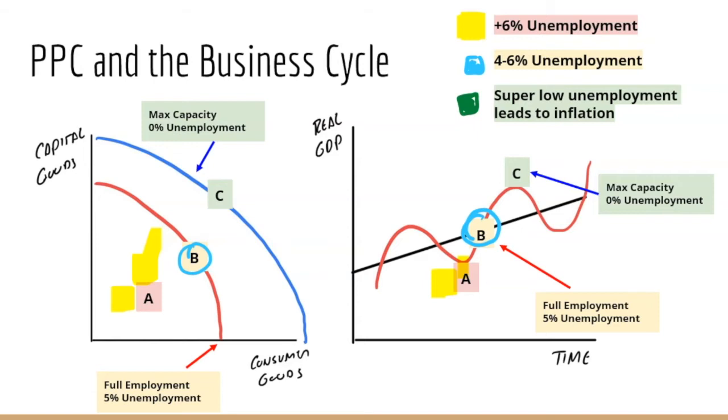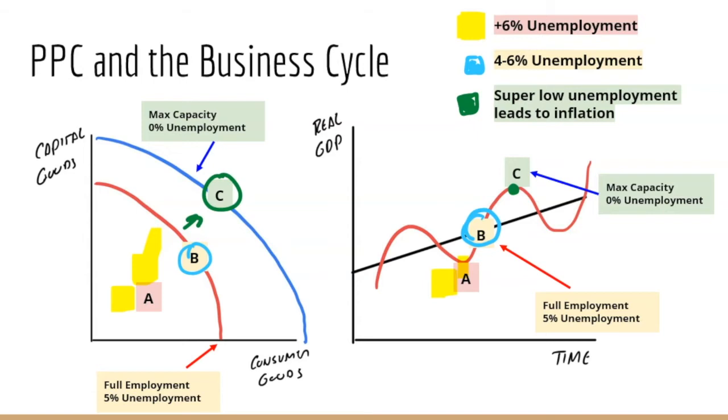So we are at max capacity or close to it, beyond our PPC here, and we are at the peak of our business cycle. Our economy can only exist at one of these three points, either A, B, or C, and we can also place these same exact points on our PPC graph as well.